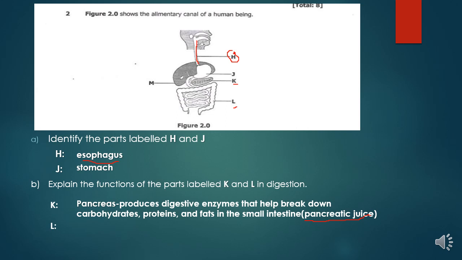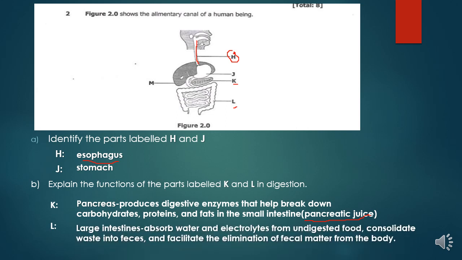And L is the large intestine. The main function of the large intestine is the absorption of water and also electrolytes from undigested food. After the process of digestion has ended, the end products of digestion have to enter the bloodstream in a particular way.